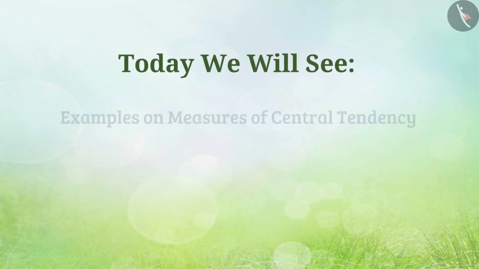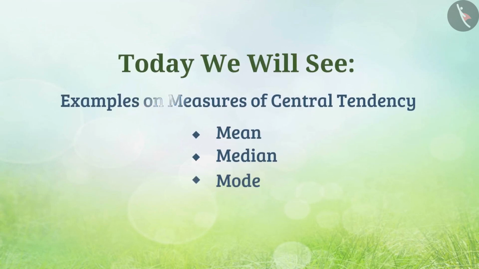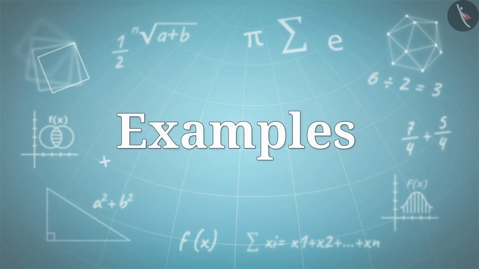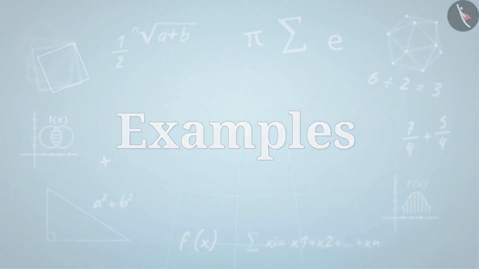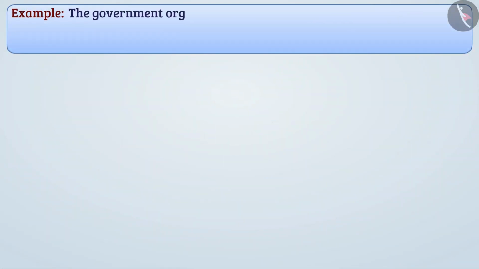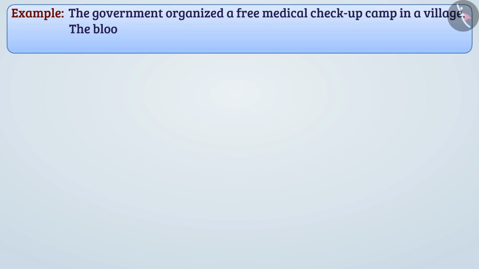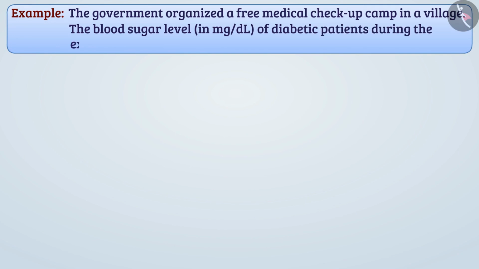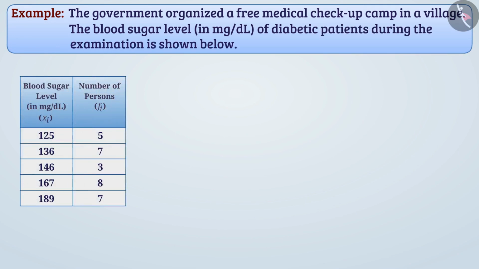Today we will see examples on measures of central tendency: mean, median, and mode. The government organized a free medical checkup camp in a village. The blood sugar level of diabetic patients during the examination is shown below.